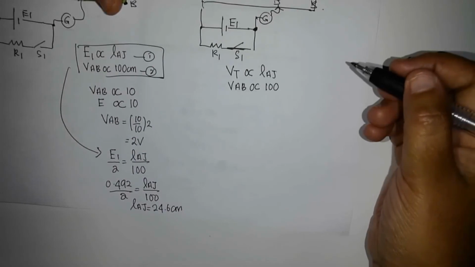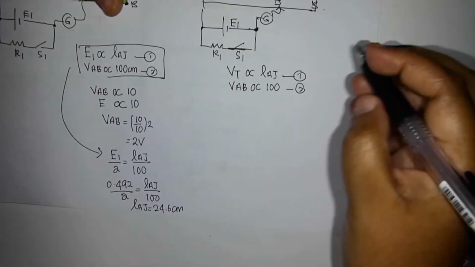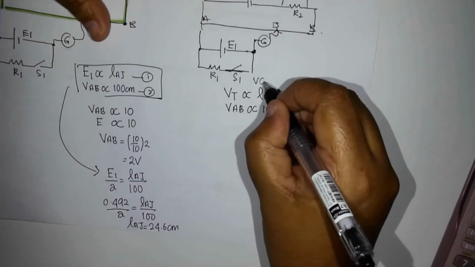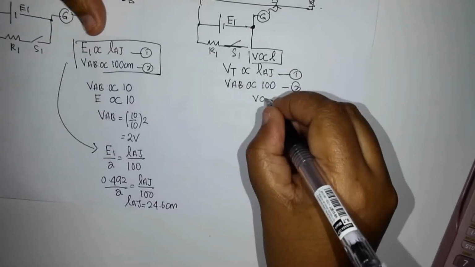And we also know that VAB is directly proportional to 100 cm. This is 1, this is 2. Now we use the concept of potential divider.